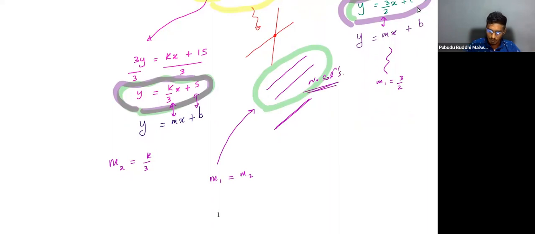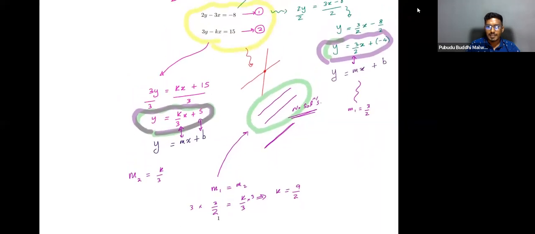Right? So 3 over 2 equals k over 3. Then basically you can solve this one for k. We can multiply both sides by 3. So k equals 9 over 2. So what's the meaning of that?